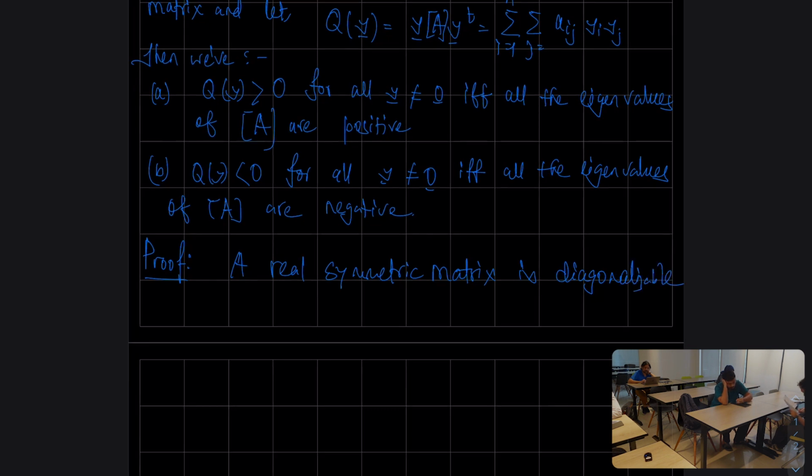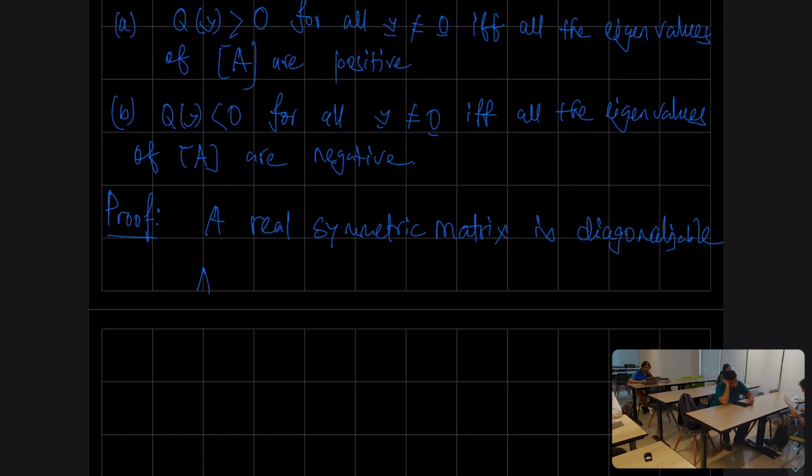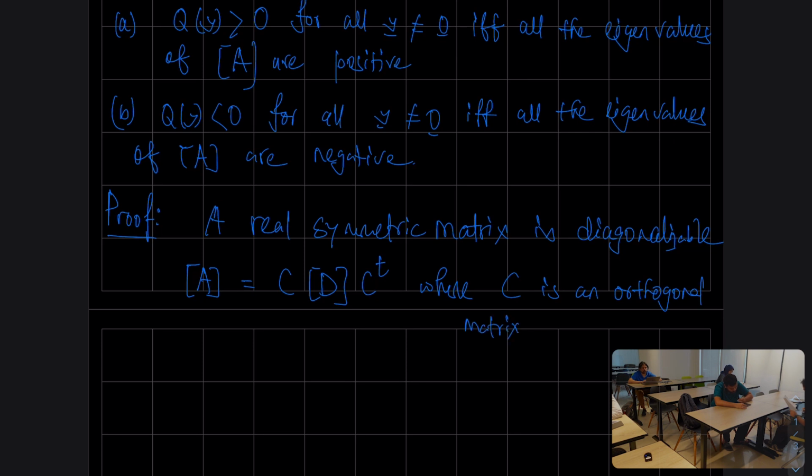That is the matrix A, and it has a diagonal matrix counterpart D, and they're connected by some C, where C is an orthogonal matrix, namely, it means that C transpose C is equal to C C transpose is equal to 1.